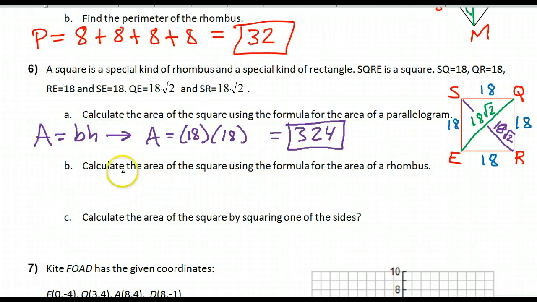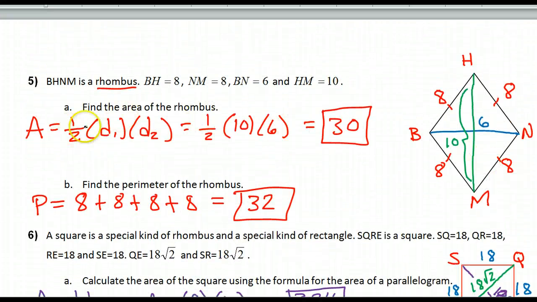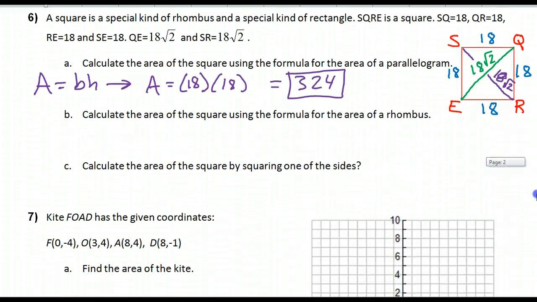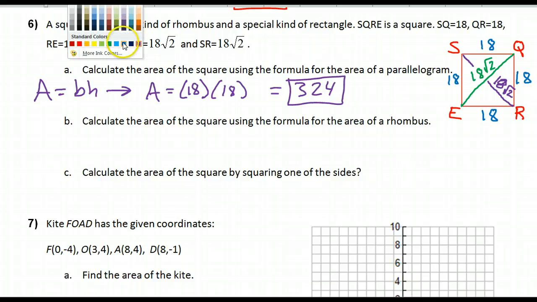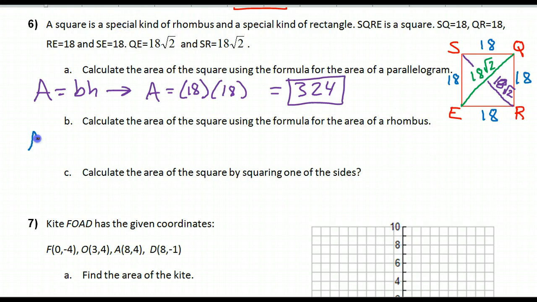Okay, now let's calculate the area using the formula for the area of a rhombus. Well, we just did the formula for the area of a rhombus in number 5. For a rhombus, it's 1/2 diagonal times diagonal. And of course a square is a rhombus, with all 4 sides being the same. So it makes sense that I could use the formula for the area of a rhombus if I wanted to. So let's try that.